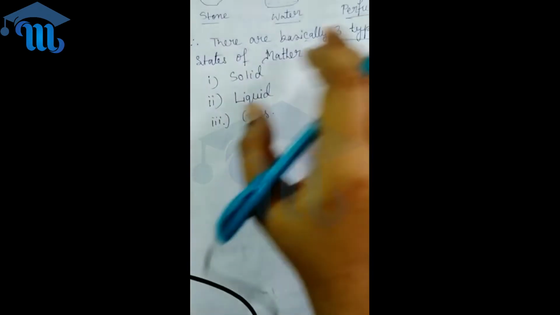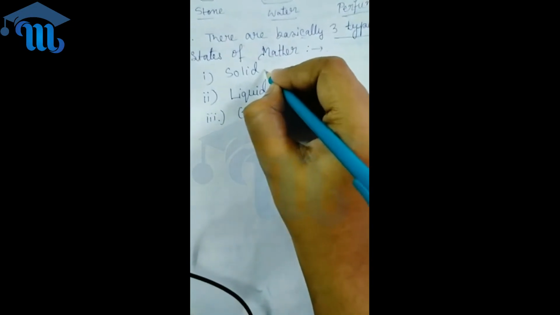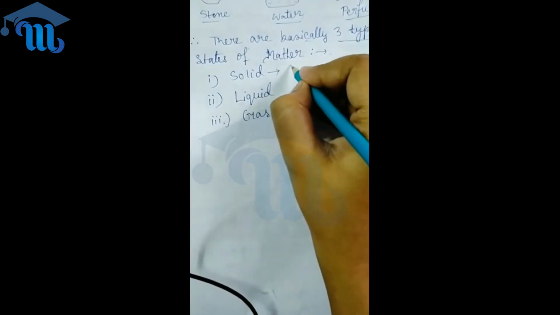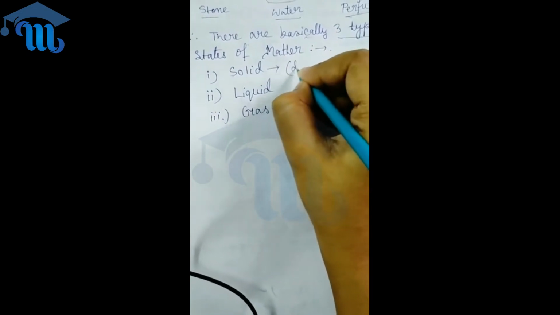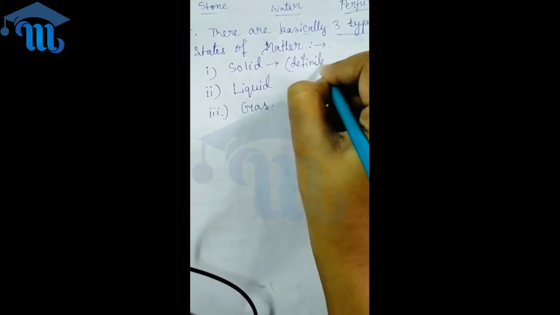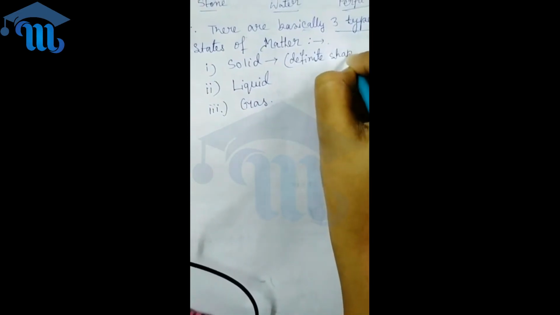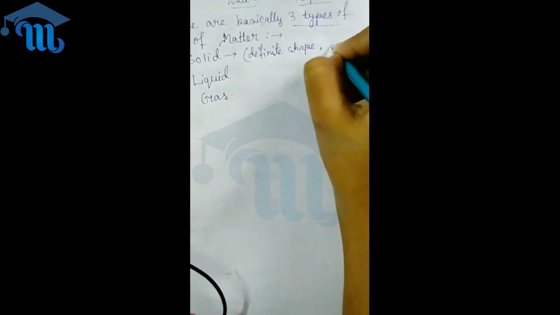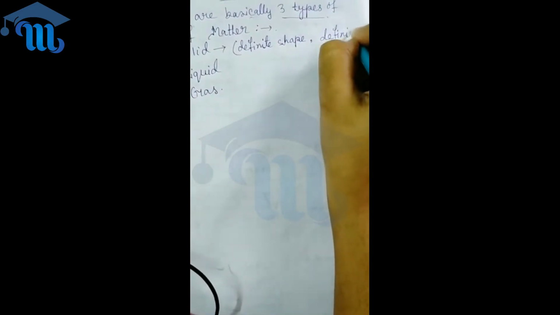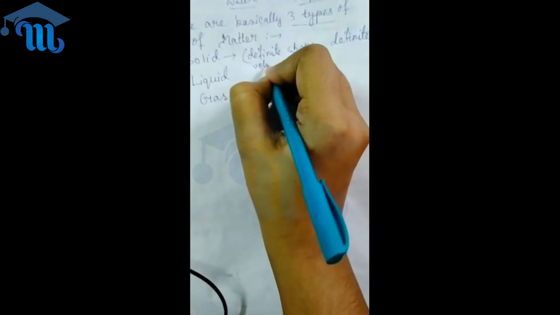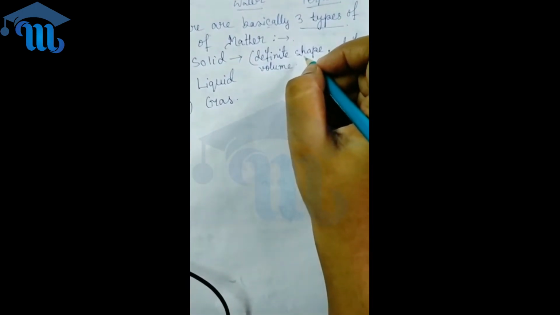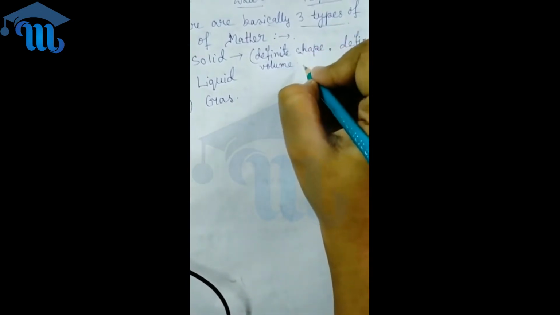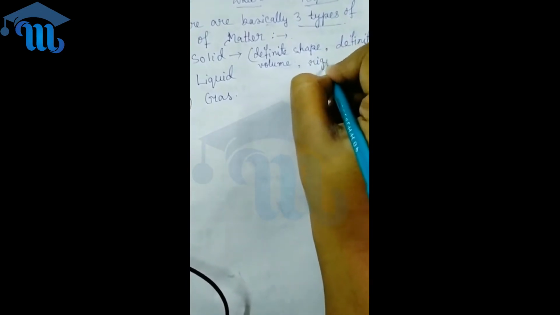What are the characteristics of a solid substance? They must have definite shape, they must have definite volume, and obviously they are rigid.